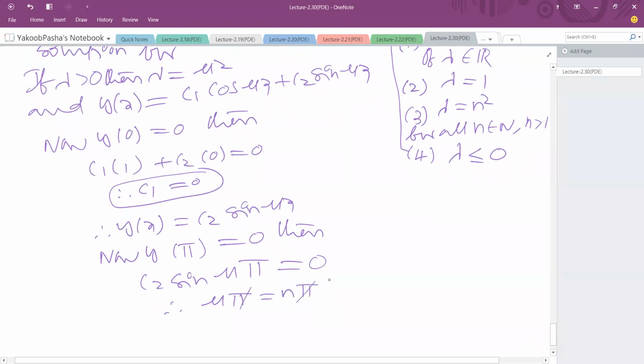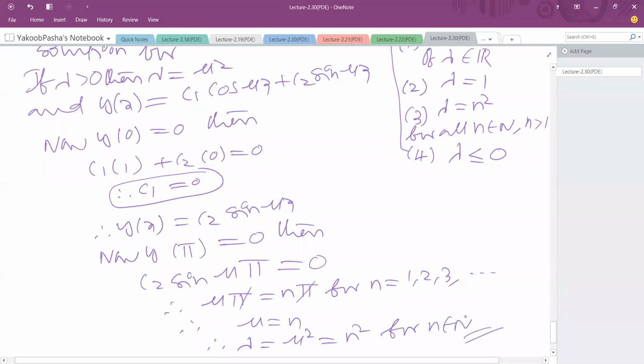So pi will be cancelled, for n is equal to 1, 2, 3, etc. Okay. So mu is equal to n. Therefore, lambda is equal to mu square, that is equal to n square, for n belongs to set of natural numbers. N belongs to N and n greater than 1 is also possible. So option 3 is the right option.